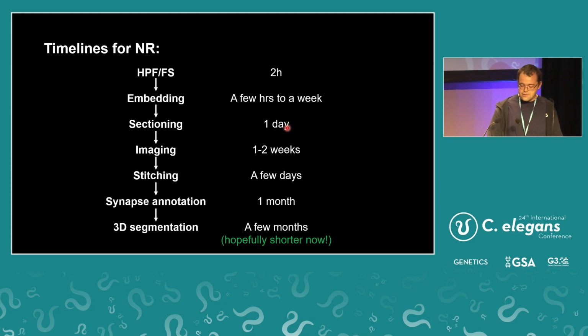Sectioning, we can do in a day. Imaging an adult nerve ring using this serial section array tomography takes about 1 to 2 weeks. You can stitch it into a nice volume in a few days, and it takes about a month to do a round of synapse annotation, and a few months to color everything in and get a 3D volume.